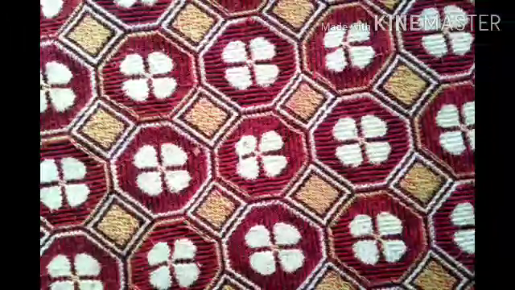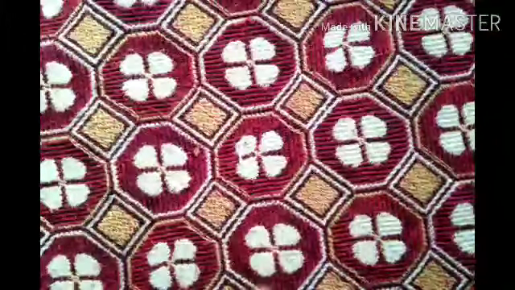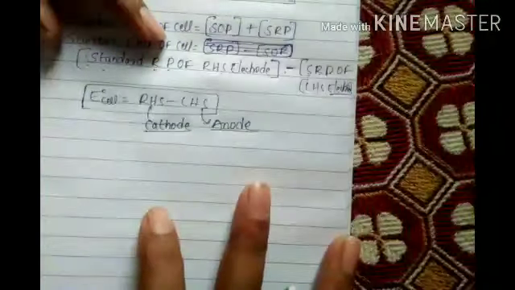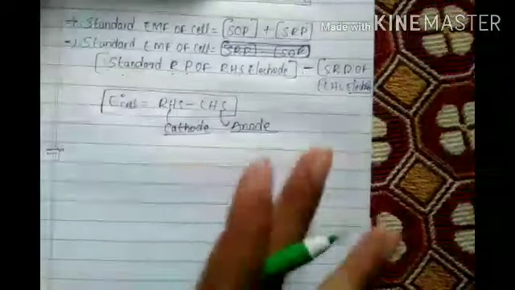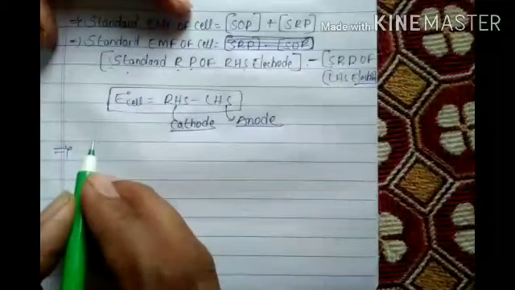Okay, now do the problem. First pause the video, do the problem, then later look at my solution. Continue the video. Look here. First, the cell reaction may be split into two halves.